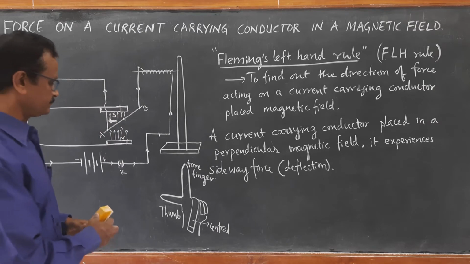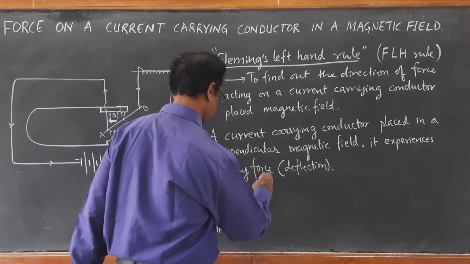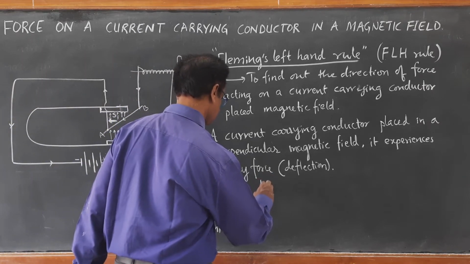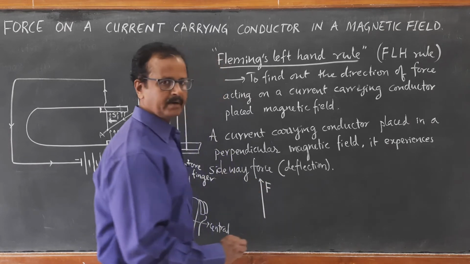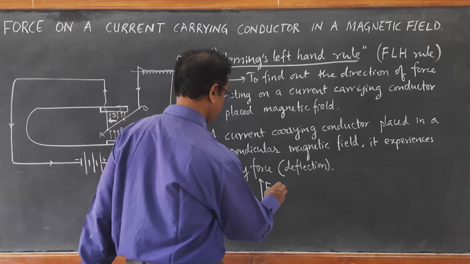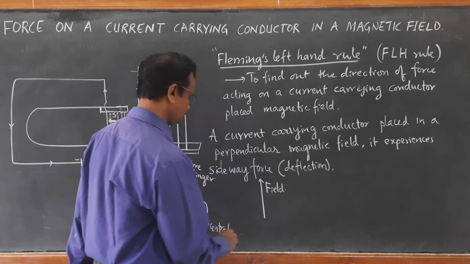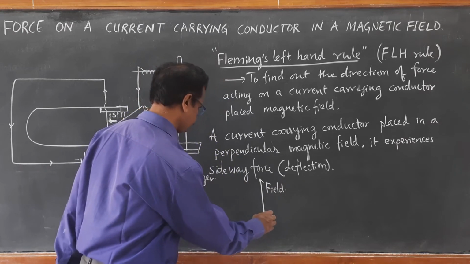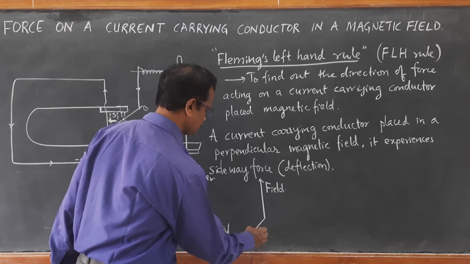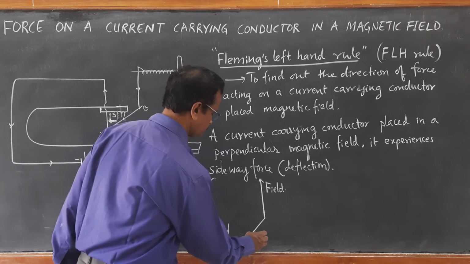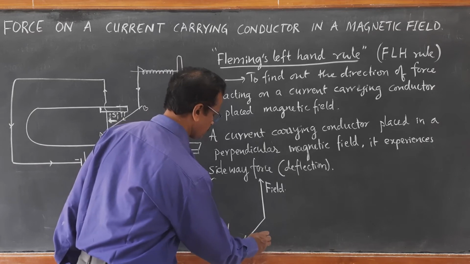So I can show here, if this is the direction of magnetic field, I will write F-I-E-L-D, magnetic field. The direction of current is shown by the central finger. This is current.